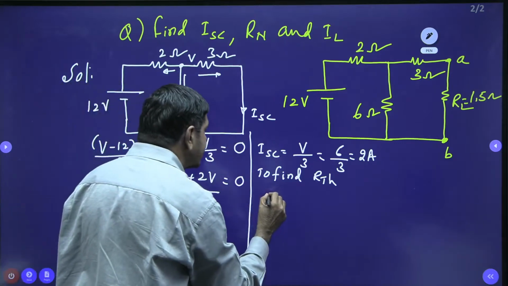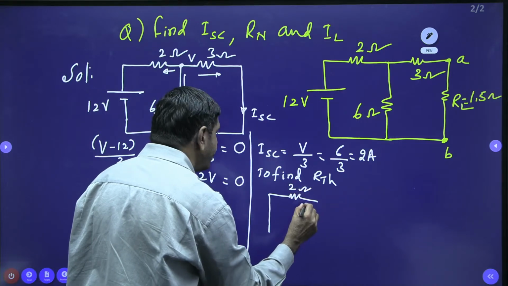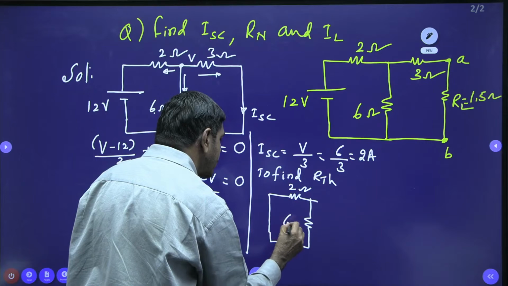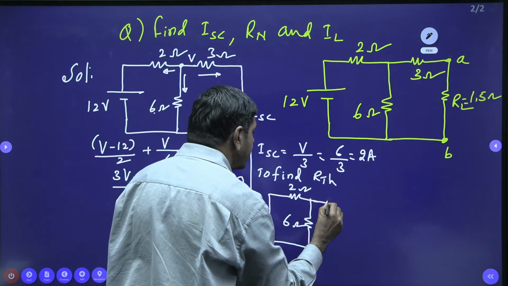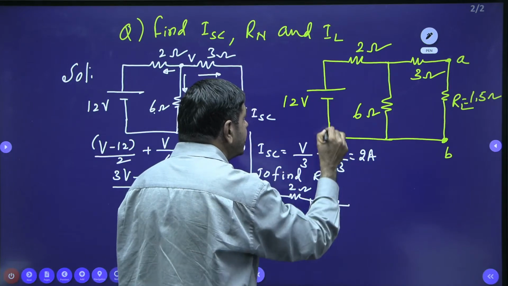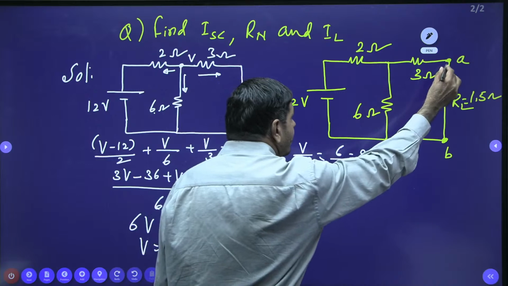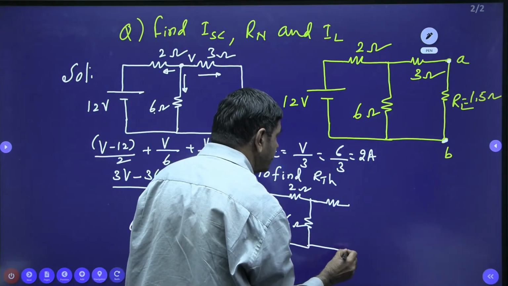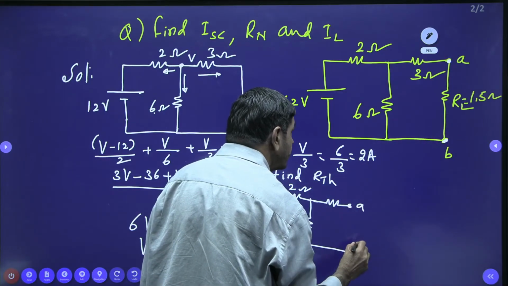The 2 ohm resistance is connected as it is, there is a 6 ohm resistor this side, and this side a 3 ohm resistor is connected. That means this is shorted, 2 ohm here, 6 ohm, 3 ohm. Wherever the load is given, that is to be removed. The load must be removed and act as an open circuit.